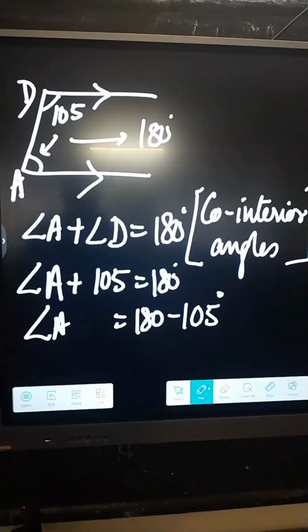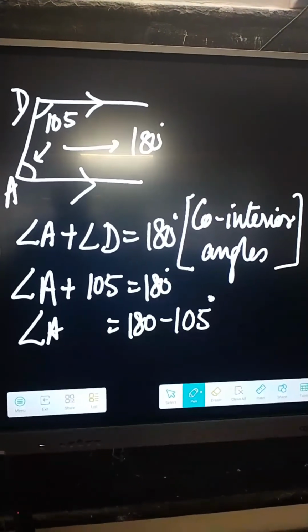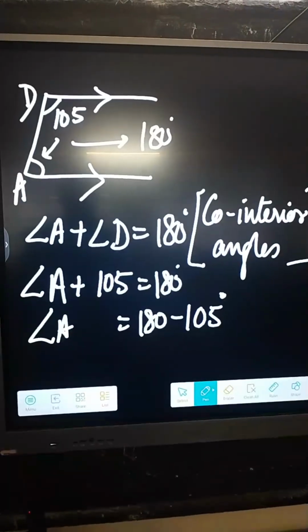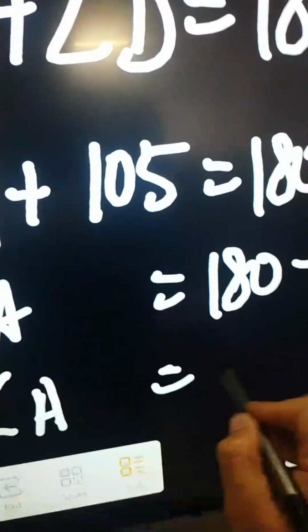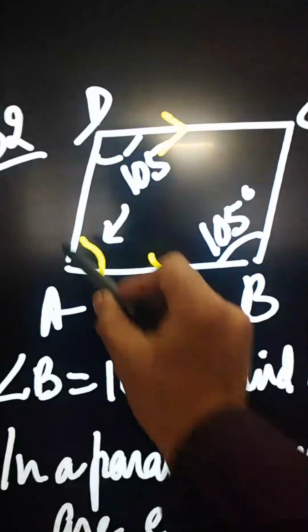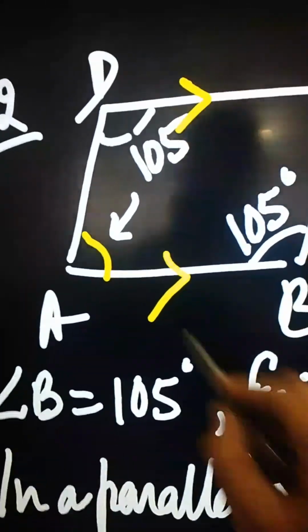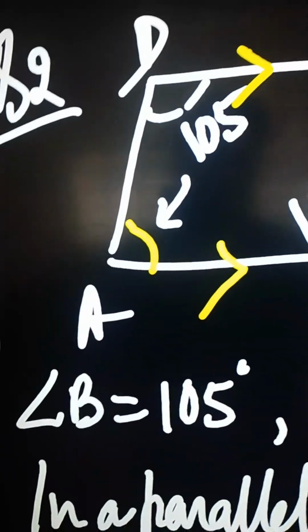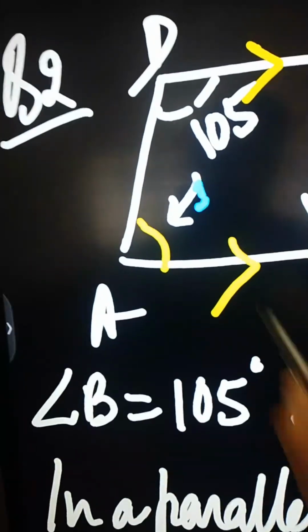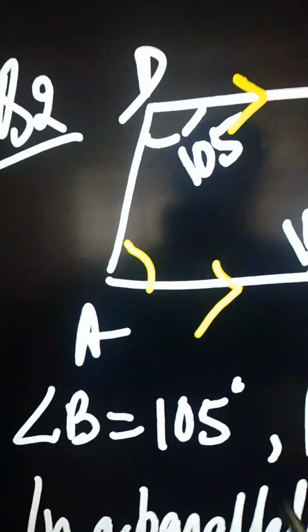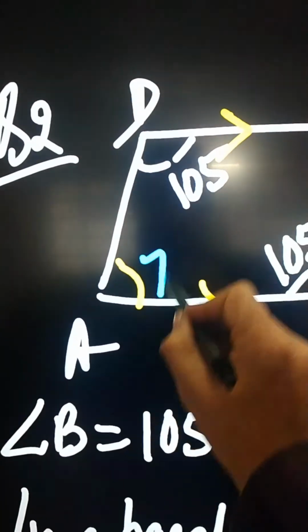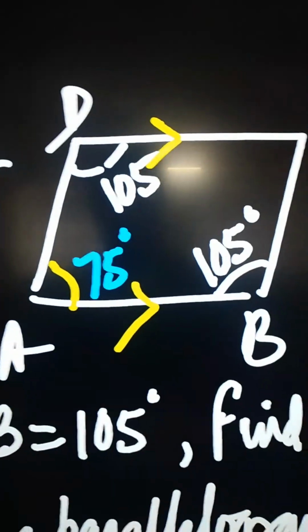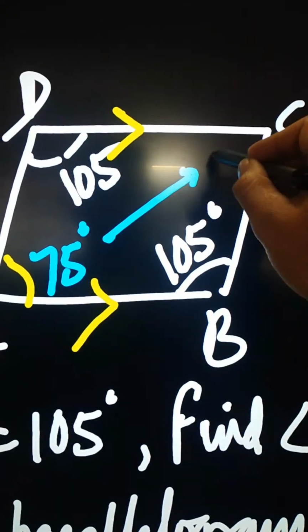Take a screenshot of this. Angle A plus 105, angle D is 105. So angle A comes 75 degrees. If this angle is 75, which we have found just now, then this will also be 75.